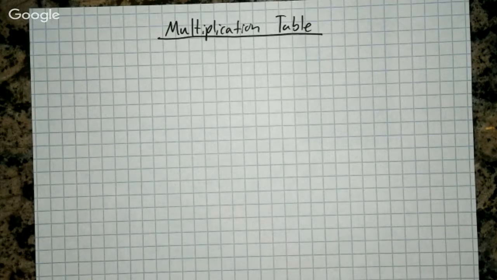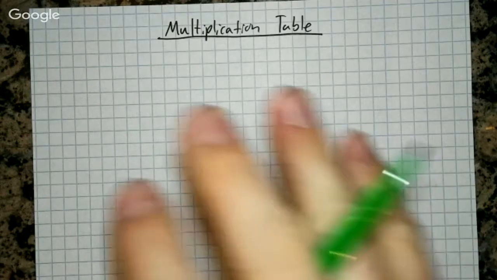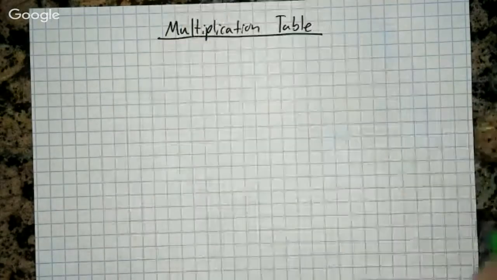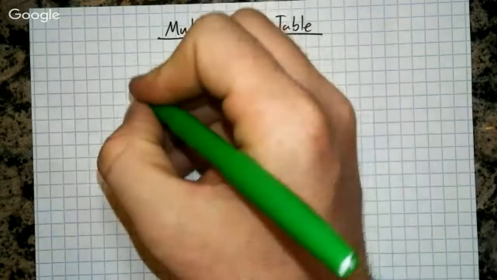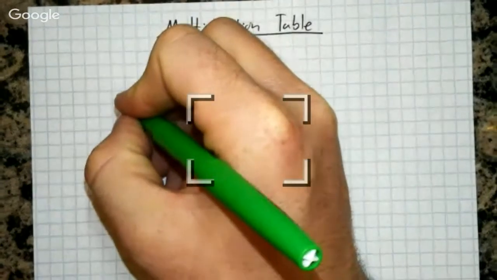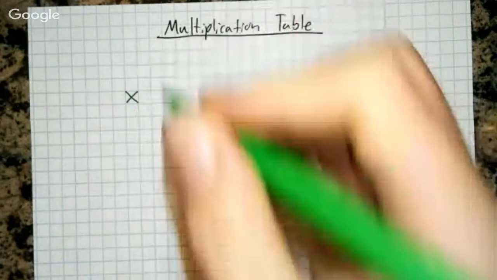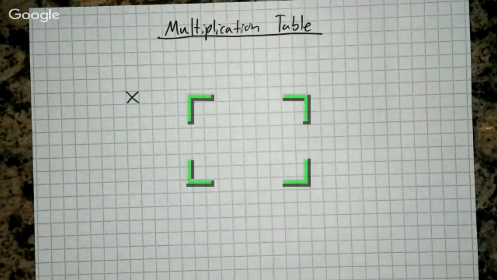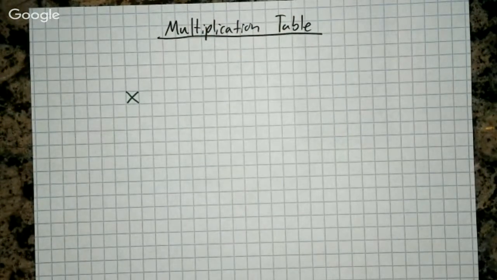First things first. We want to make our chart. We don't want to use the whole thing. We want to make our table. Since this is a multiplication table, I'm going to go ahead and put an X in one of the boxes, X for multiplication. First of all, I need to make the boundaries. Our multiplication table is going to be up to 12.